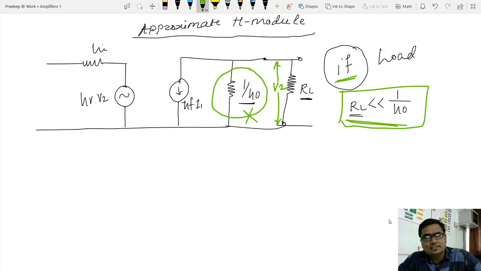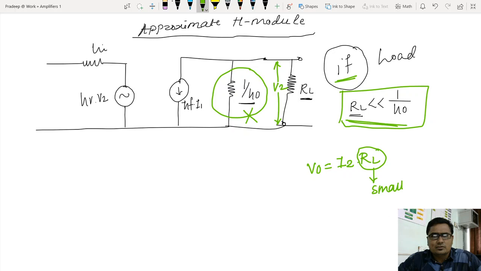The output voltage is the voltage across RL, and RL itself is very small. It means the output voltage is equal to what? V is equal to output current multiplied by output resistance. But this output resistance is very small. Then obviously this value VO will be very small. Why am I writing VO? I have to write V2. I am sorry, it's my mistake.